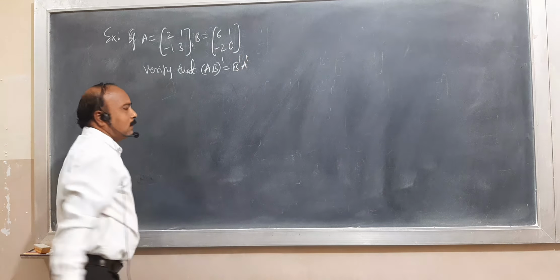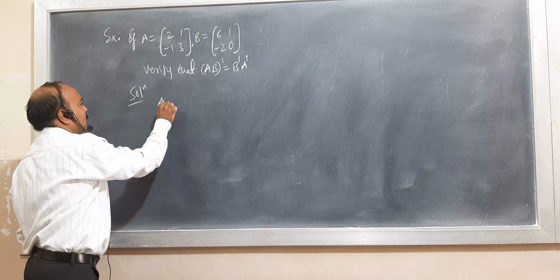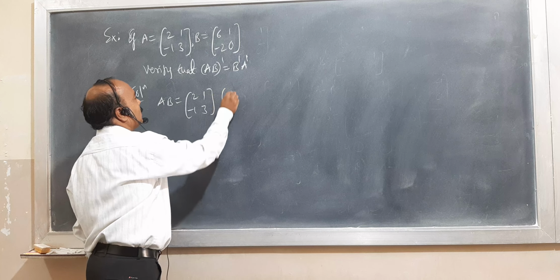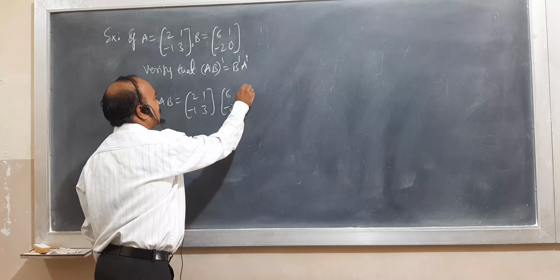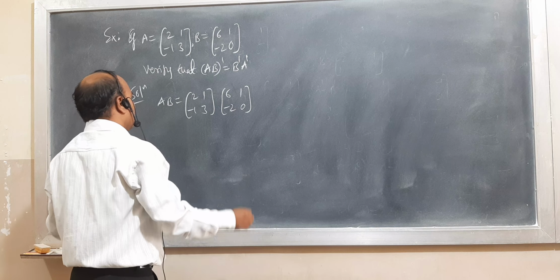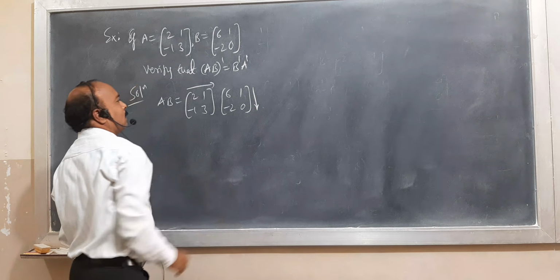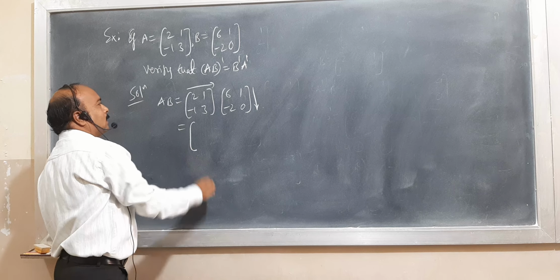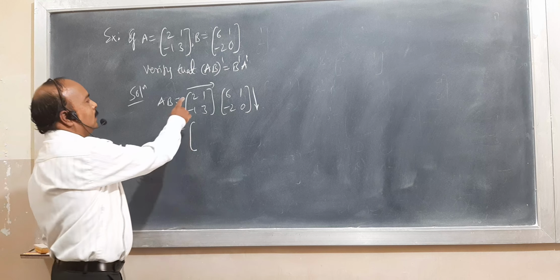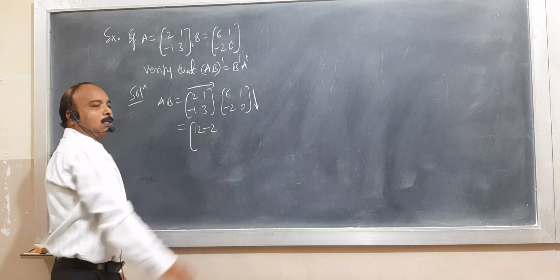First we calculate AB matrix. AB is given by [2, 1, minus 1, 3] into [6, 1, minus 2, 0]. Now you verify the result after multiplication. First you go for row into column. 2 into 6 is 12, 1 into minus 2 is minus 2.